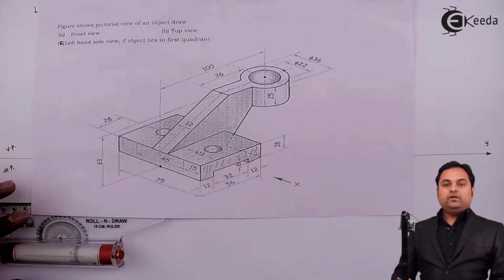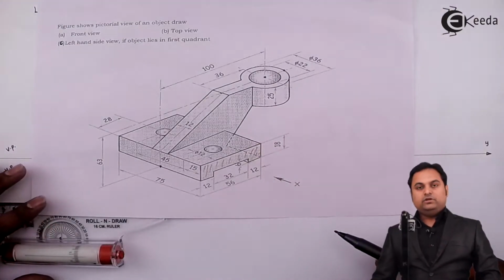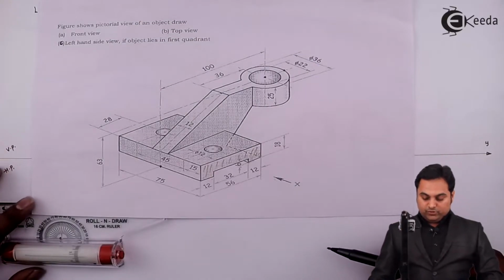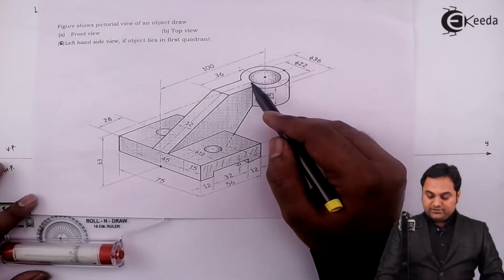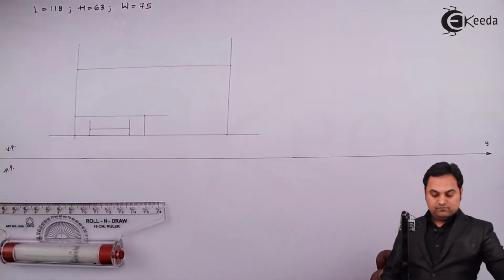Next, when we are looking from the front, this complete cylinder will be visible, but it will look like a rectangle in the front view, and that rectangle I'm now going to draw. It will start from the top. The diameter is 36 and the height is 25.